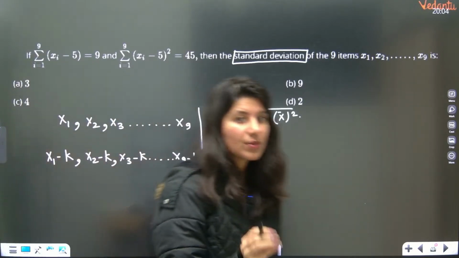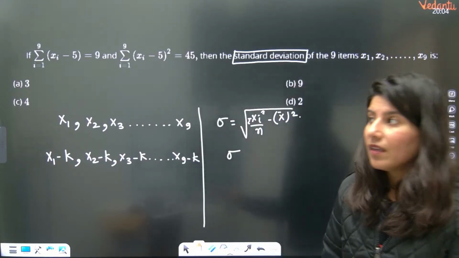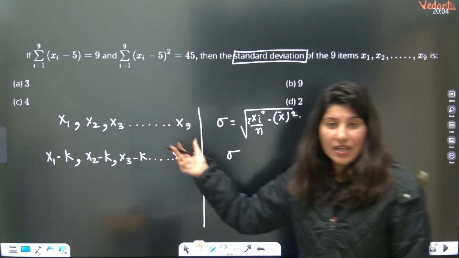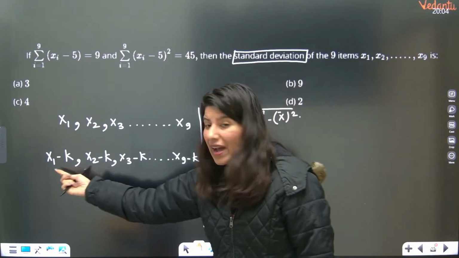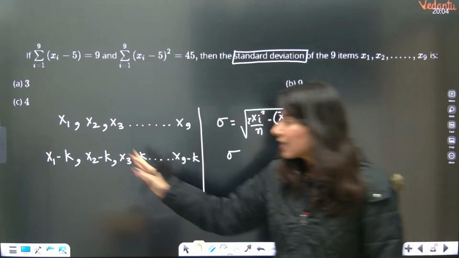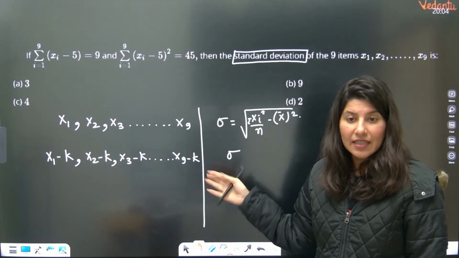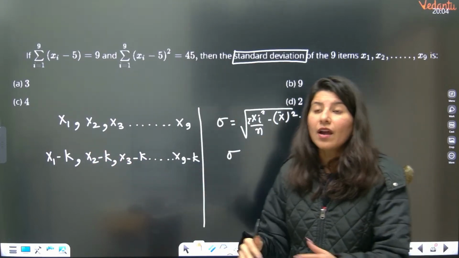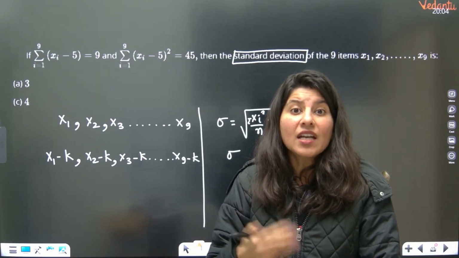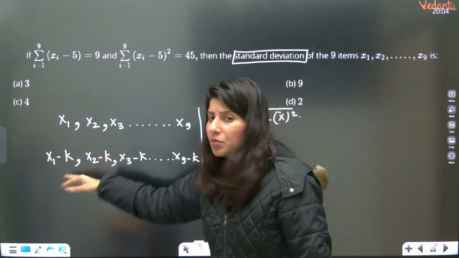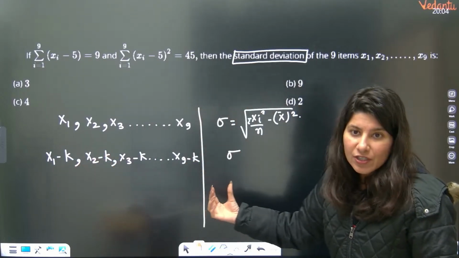So what I'm trying to say is that if you have 9 observations and the standard deviation is sigma, then if you have x1 minus k, x2 minus k, x3 minus k, the standard deviation will also not change. So standard deviation remains unaffected if you add or subtract any constant in the observations.